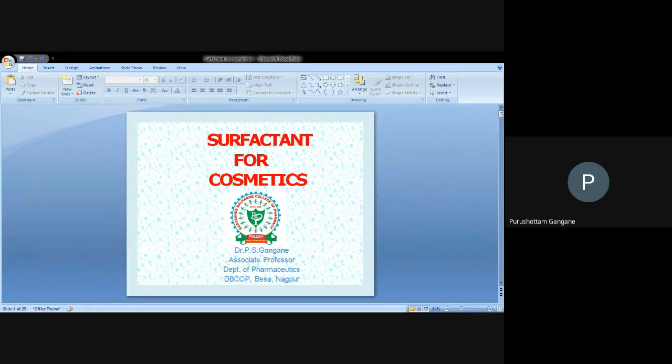Your simple shampoo for rinsing the hair comes under cosmetics, but an anti-dandruff shampoo, an anti-eczema cream, or a cosmetic used for dry skin may be considered a cosmeceutical. This is the difference between cosmetics and cosmeceuticals. As such, there is no legal definition of cosmeceuticals.